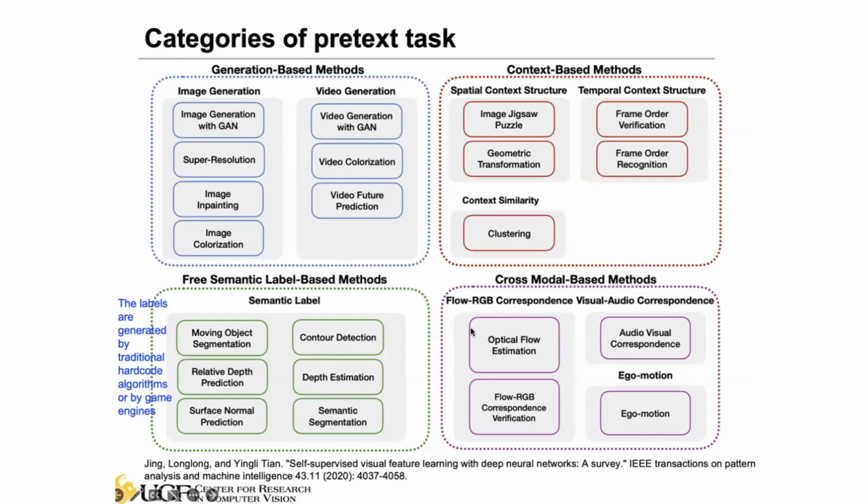Then we have this one-to-one correspondence: in this time interval, the player is playing the guitar, and that's the corresponding audio. Then we can build this relationship and use that to train a network to predict this correspondence. Some of the details we'll introduce when we talk about each individual approach.